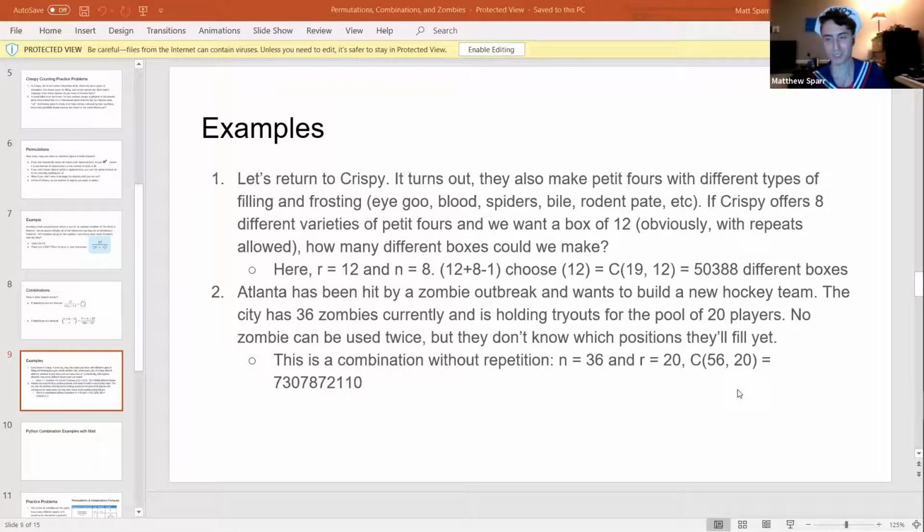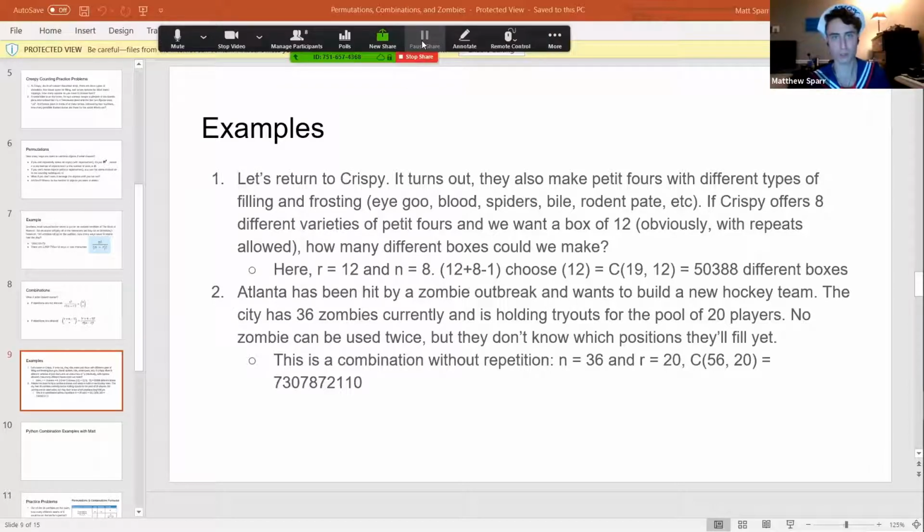I'll let you take this one over. Oh, I'm realizing now as I see the slides on the side, there's an example slide between permutations and combinations that somehow didn't pop up when I did it. I'm gonna go ahead and pause share and you can share your screen. Okay.